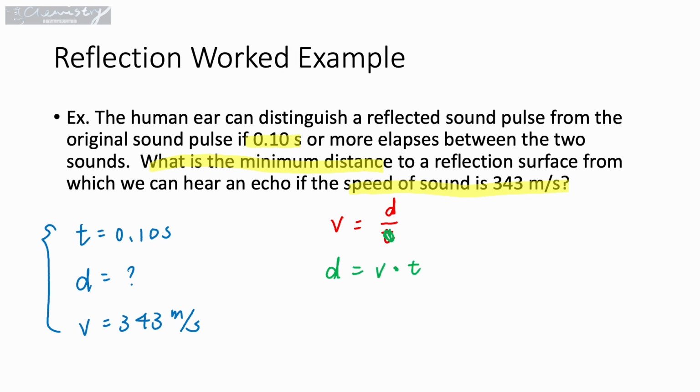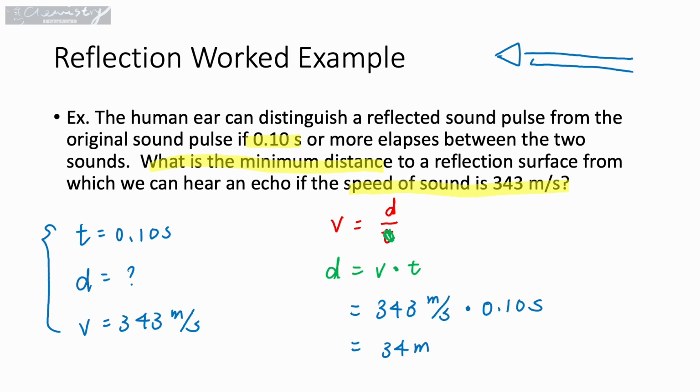And now that we can plug in our numbers, so velocity is 343 meters per second multiplied by time, 0.10 seconds. That is 34 meters. However, remember that we are looking at a reflected sound. So the total distance that this sound travels is going forward, hitting something, and then coming back.